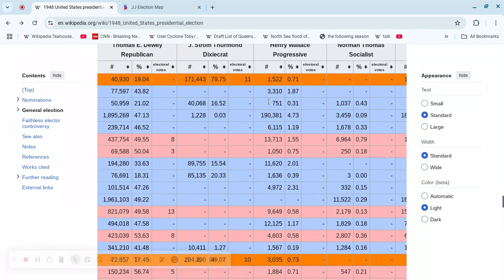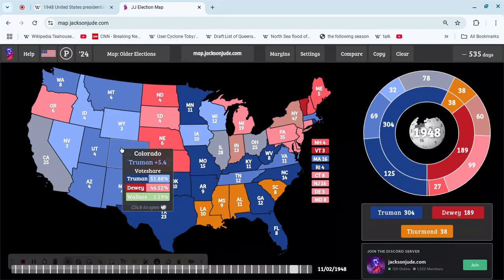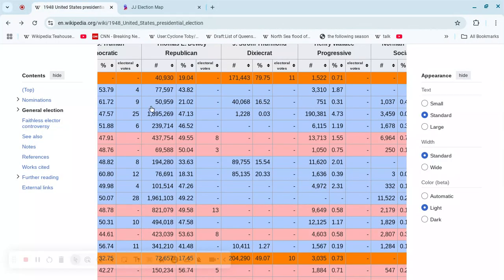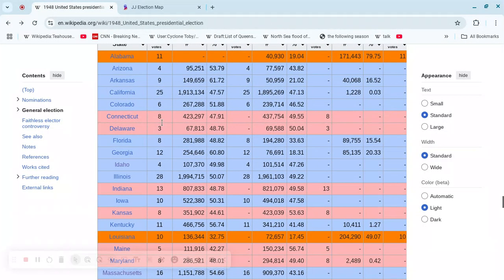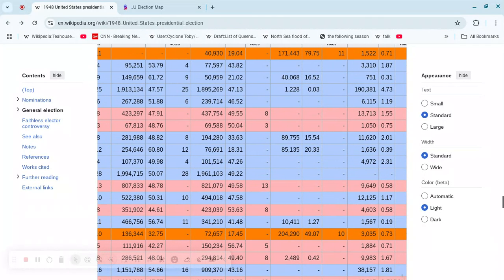Colorado, which was actually a close state, with 5.4. 5.4 now plus 6.6 in favor of Democrats. It wouldn't have been enough to tip a lot of these other northeastern states into his column. He won them by enough.